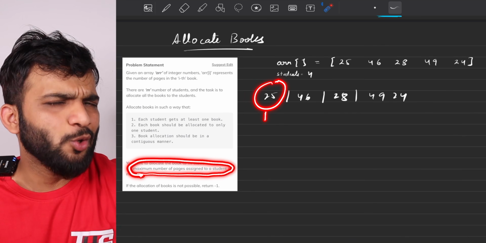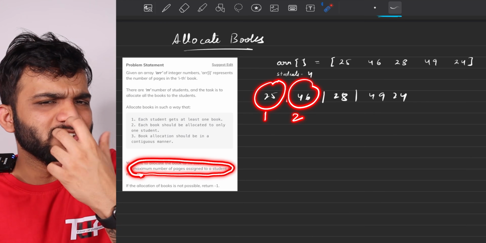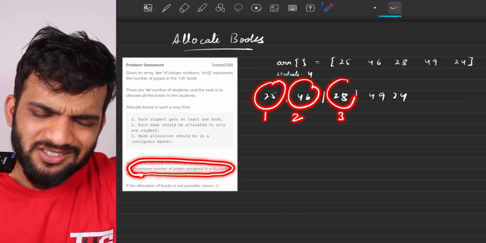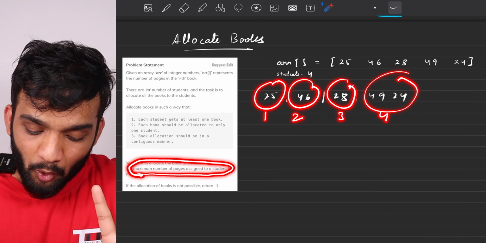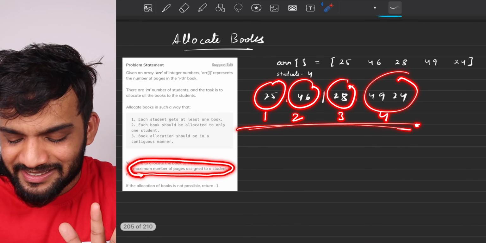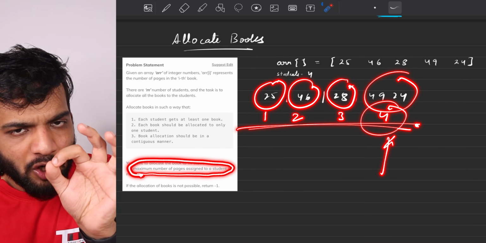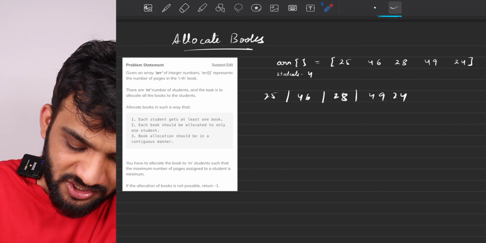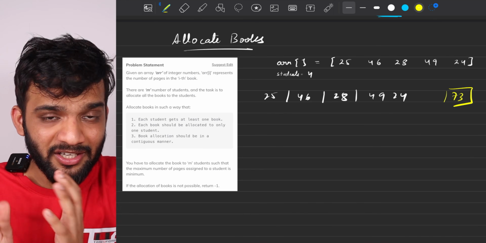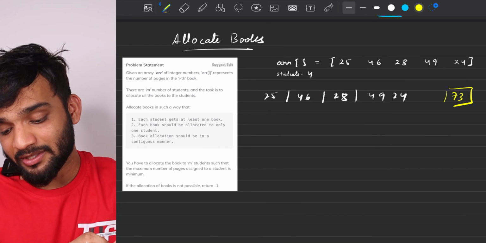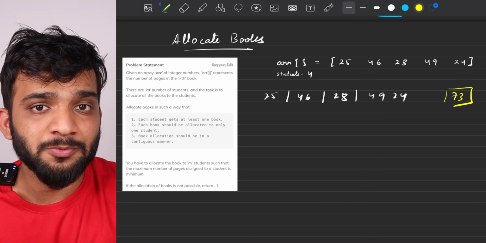Student 1 has just got 25. Student 2 has just got 46. Student 3 has just got 28. Student 4 has got 73. So what is the maximum? Can I say that student 4 has got the maximum number of pages assigned to him? Thereby the maximum is 73 if I allocate the books in this particular order.